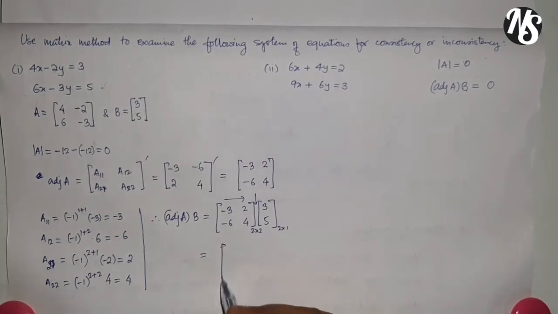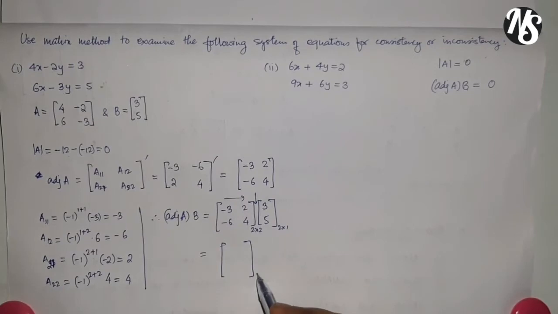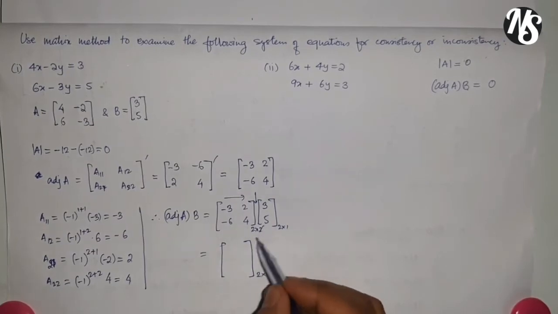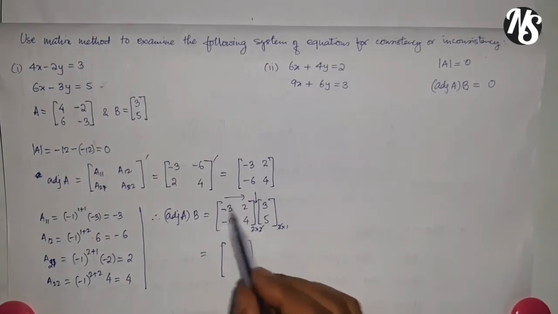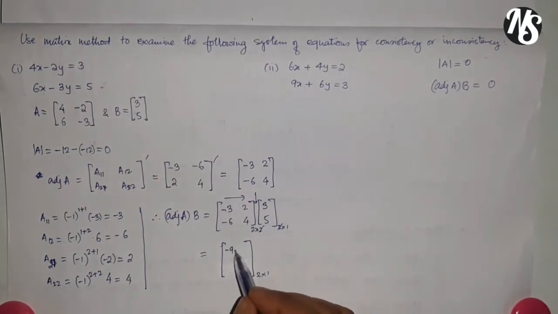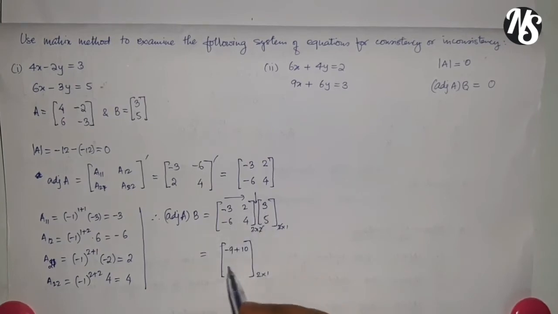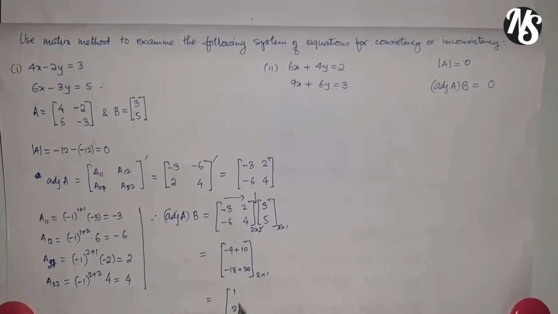So again my answer is going to be 2 cross 1, right? So minus 3 into 3 is minus 9, plus 2 into 5 is 10. Similarly, minus 6 into 3 is minus 18, plus 4 into 5 is 20, right? So this is 1, and this is 2.